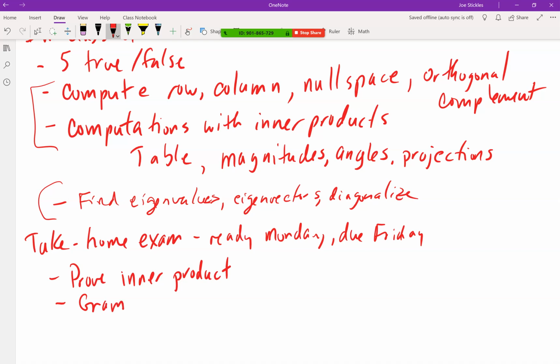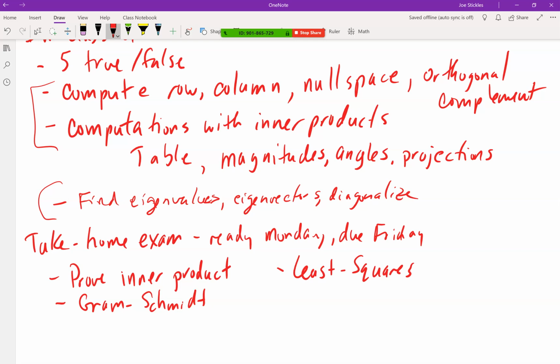This is where I'll ask you about, say, Gram-Schmidt. Going through the Gram-Schmidt process for a set of vectors. That's on your current homework now. Compute a least squares model.